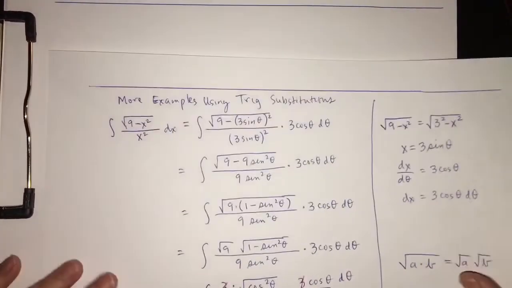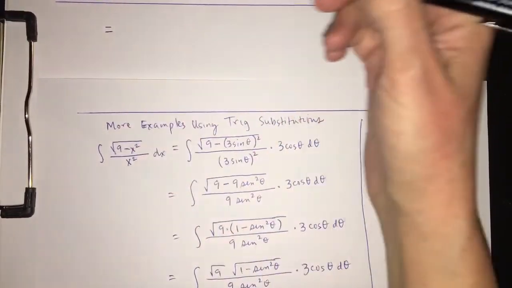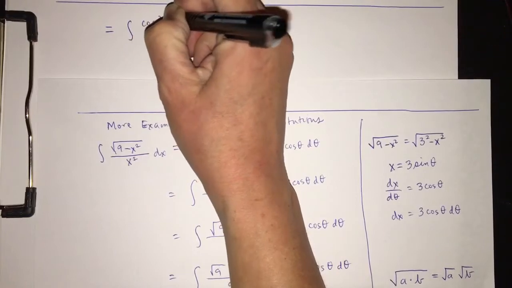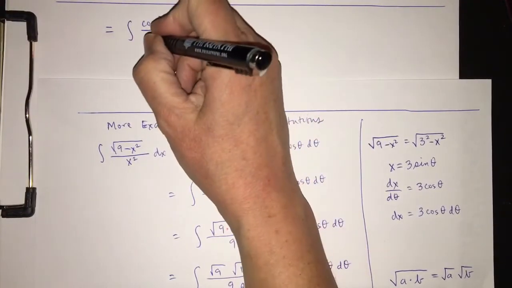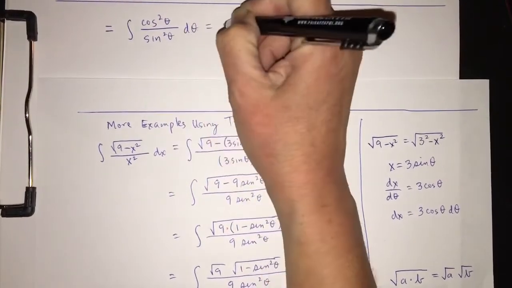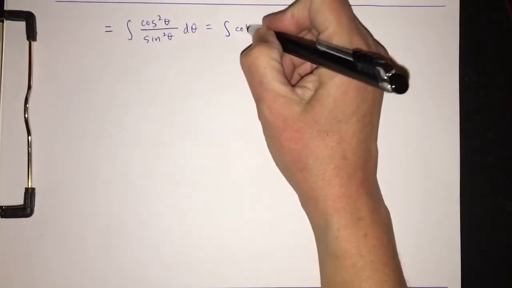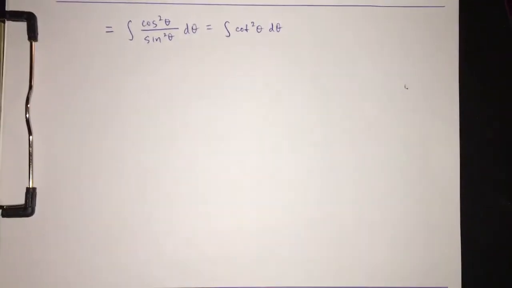So we'll go to a new page on this, and I'll put equals here. I'm going to write the last step from the previous page. So the integral of cosine squared theta over sine squared theta d theta is going to equal the integral of cotangent squared theta d theta.